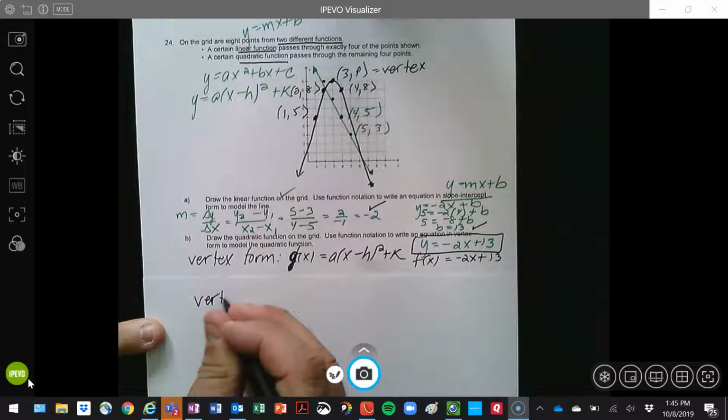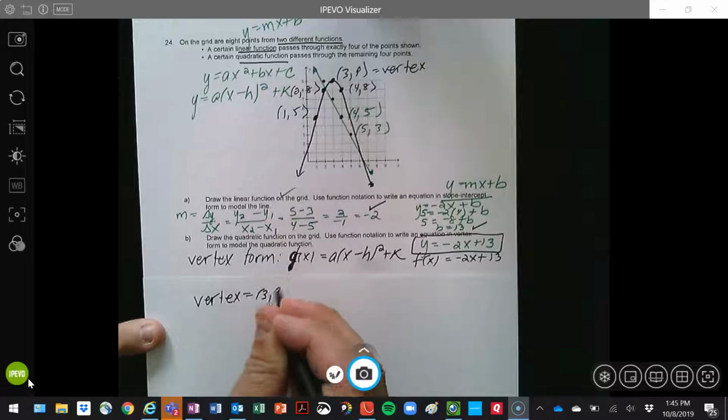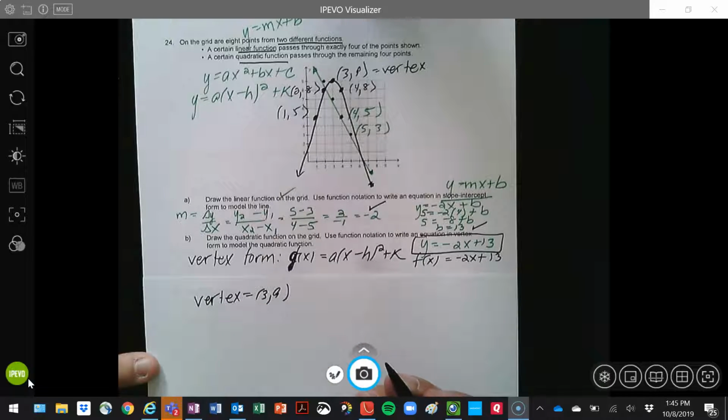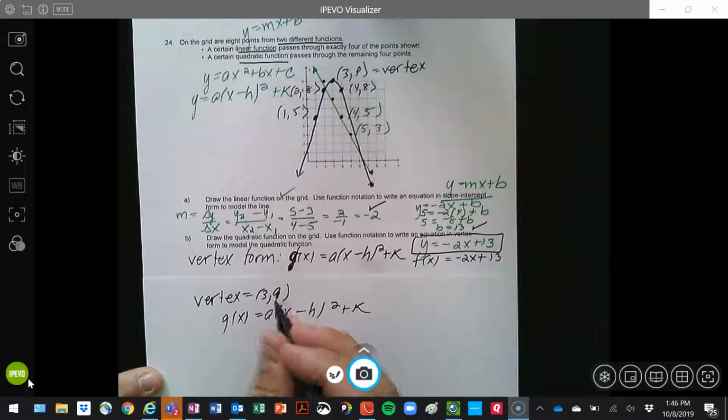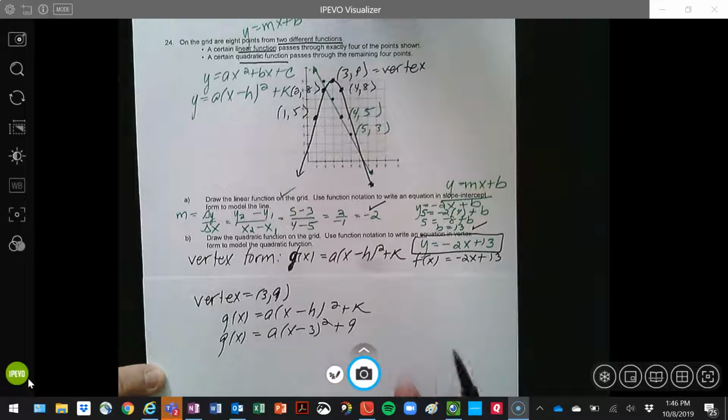We know that the vertex is located at the point 3, 9. And so if g of x equals a times x minus h squared plus k, I can take the point 3, 9, plug it in here, and I'm going to see that g of x is equal to a times x minus 3 squared plus 9.